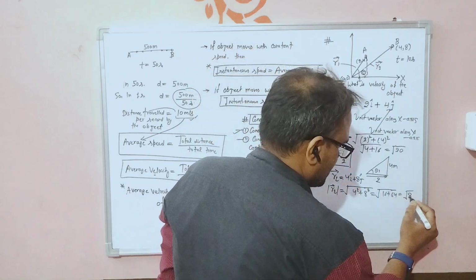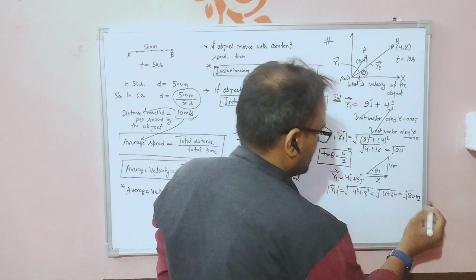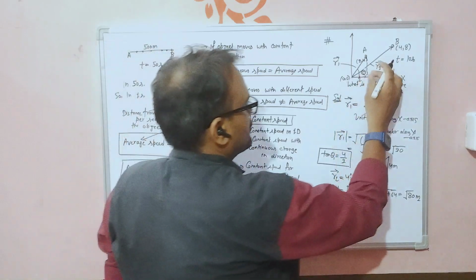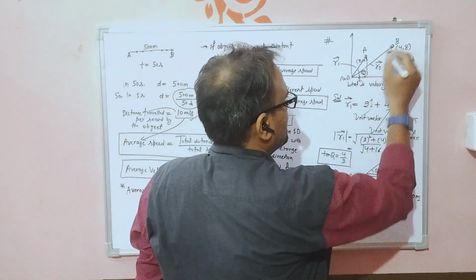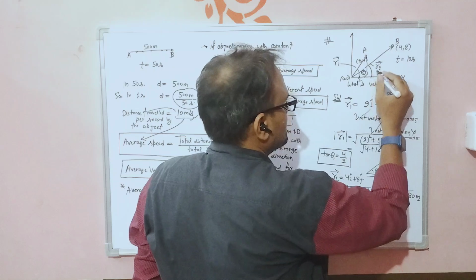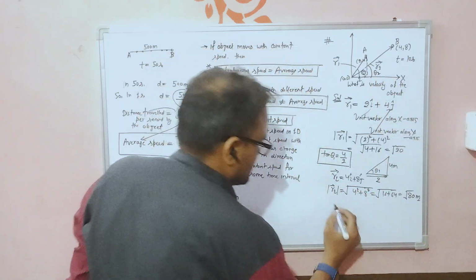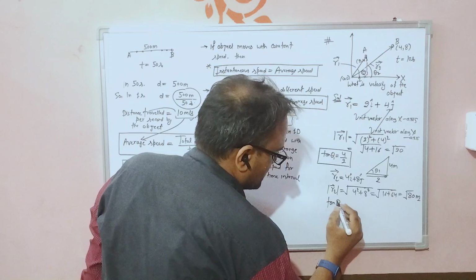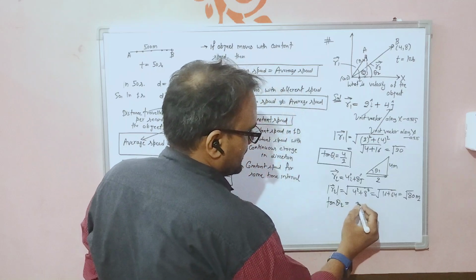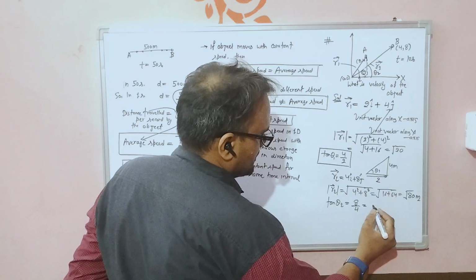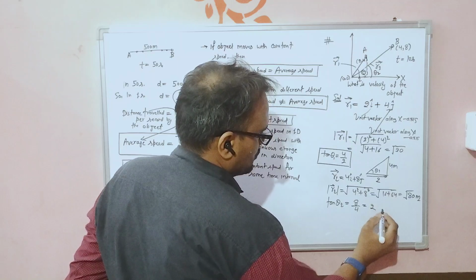It is under root 80, right? Meter. Similarly, I can find out the direction of this point B. For this I need to calculate this angle theta 2. Okay, so let's do it very quickly. Tan theta 2 is equal to 8 by 4, and it comes out to be 2, right?